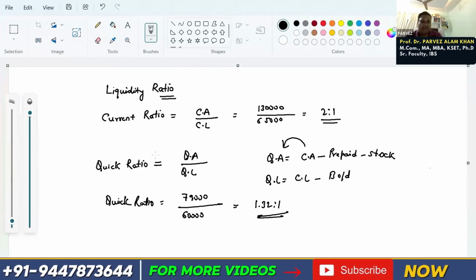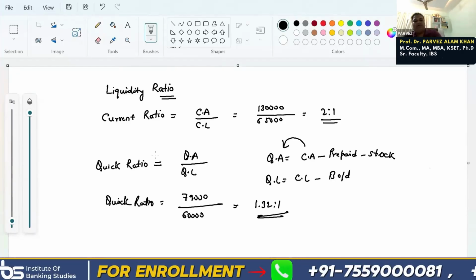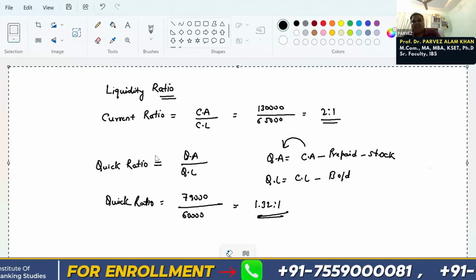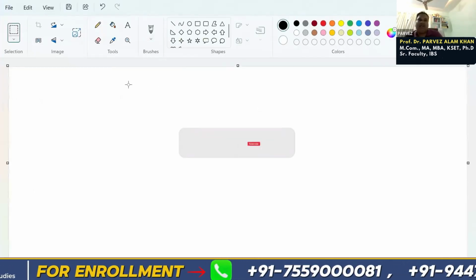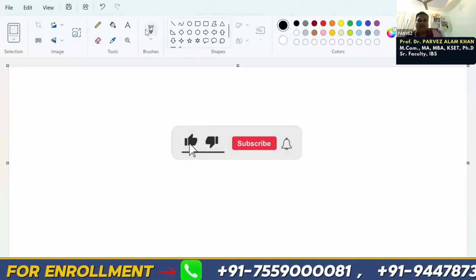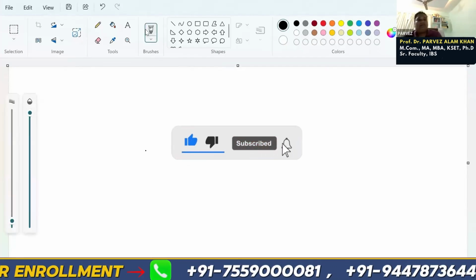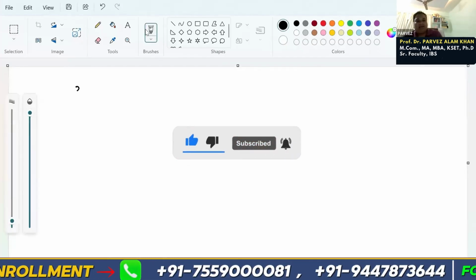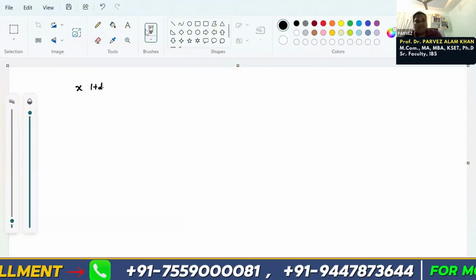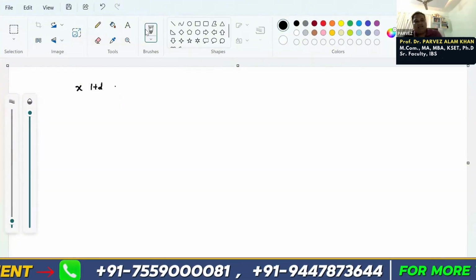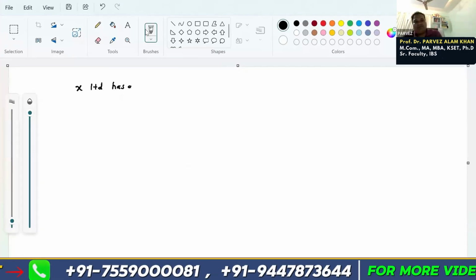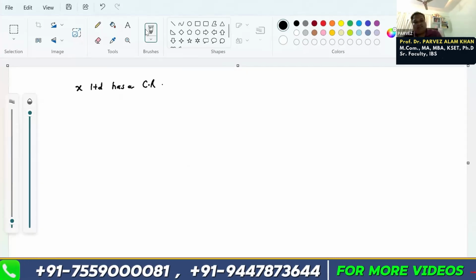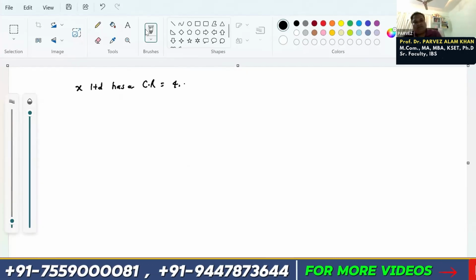Is it clear? Okay. Now, sometimes instead of giving a question like this with all the values, they can give you a question like this, where they say that X Limited has a current ratio of 4.5 is to 1.